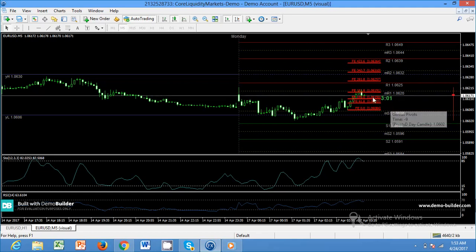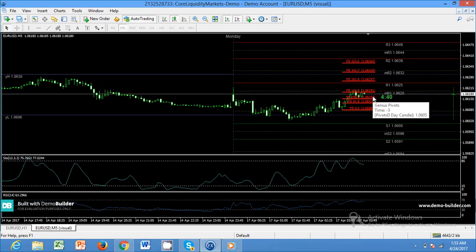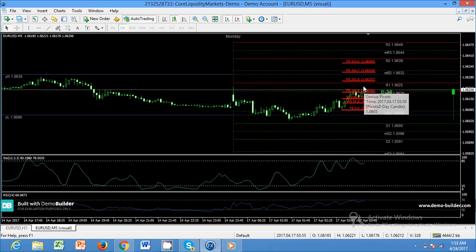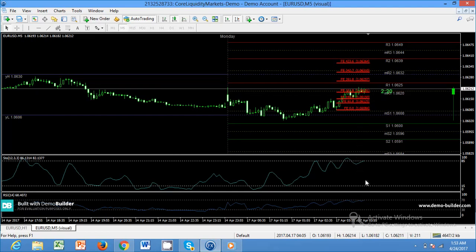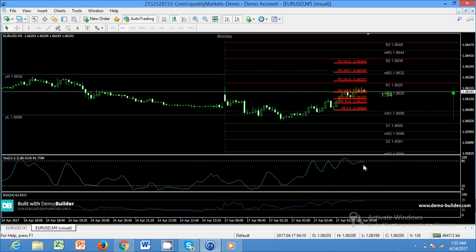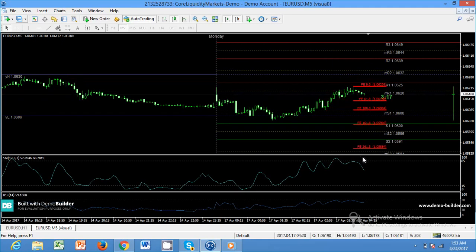Okay, it's like we have a possible signal. Let us see. We have price coming very close to resistance level 1. RSI and stochastics are getting to be oversold. It hasn't touched it.